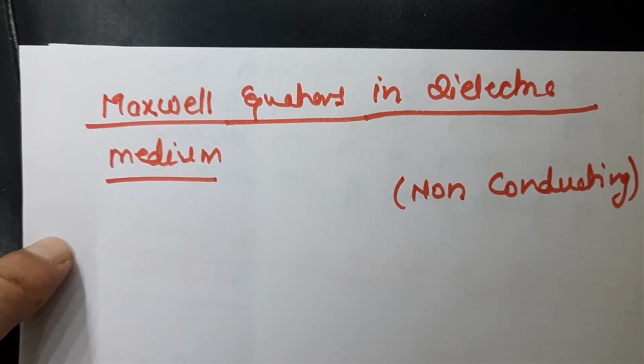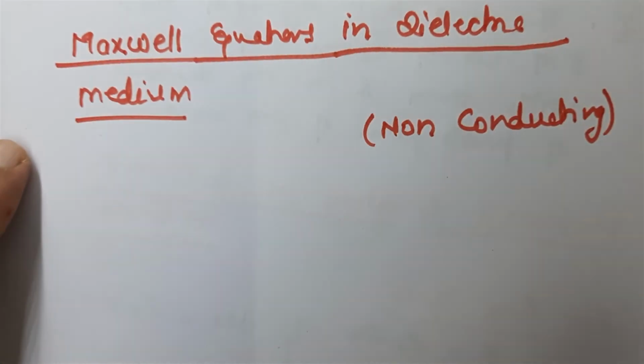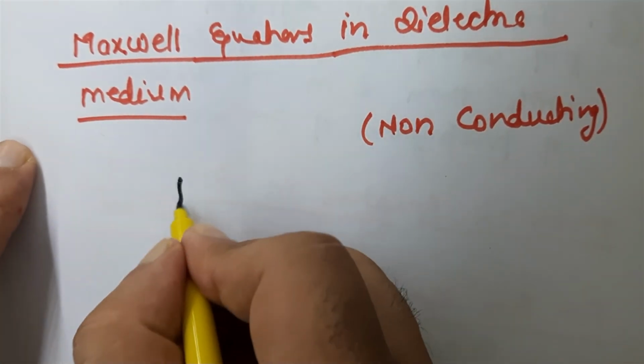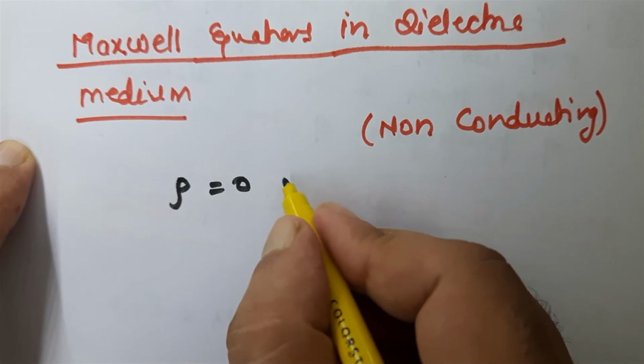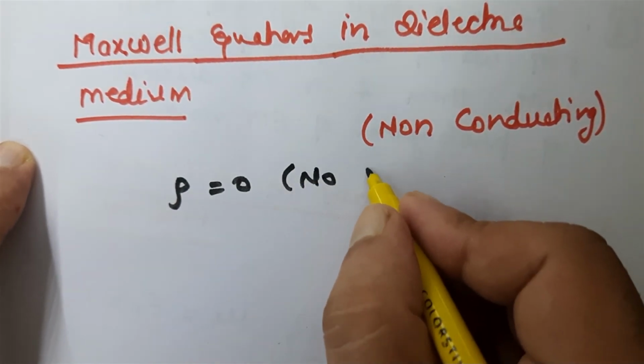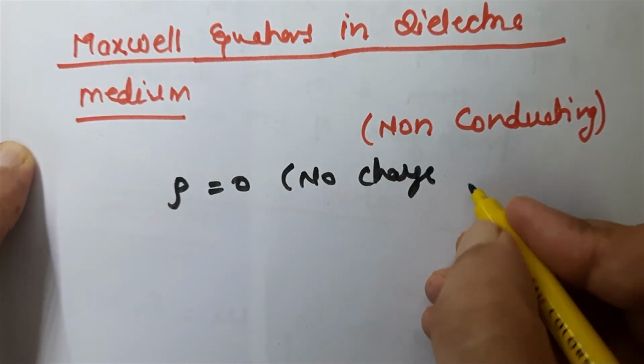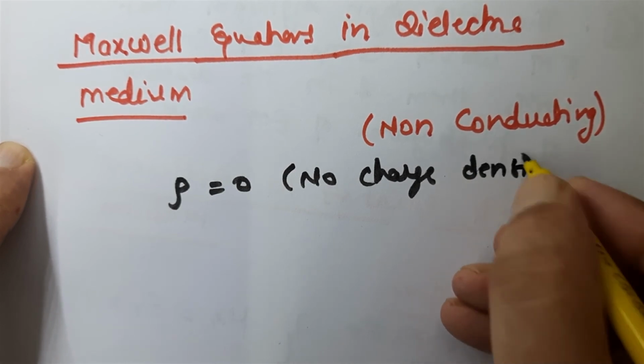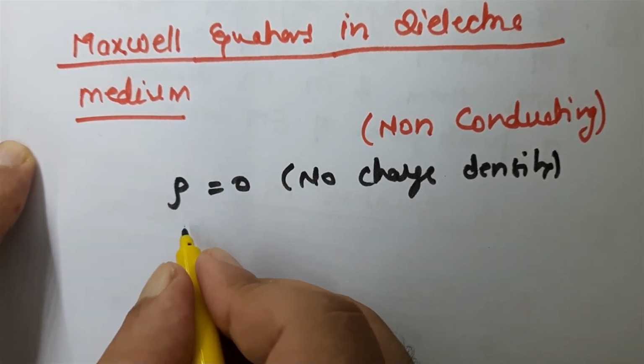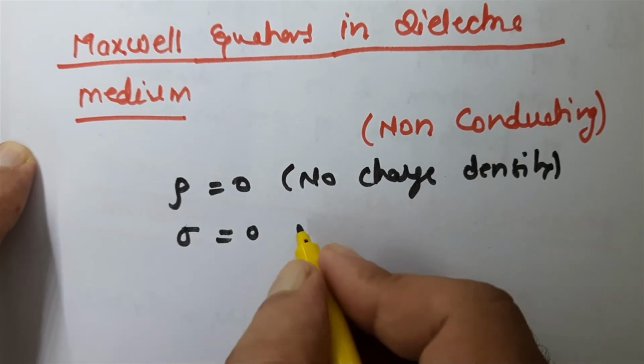So further, let us apply certain changes, which are that there is no free charge density. Further, the medium is non-conducting, so sigma will be 0.